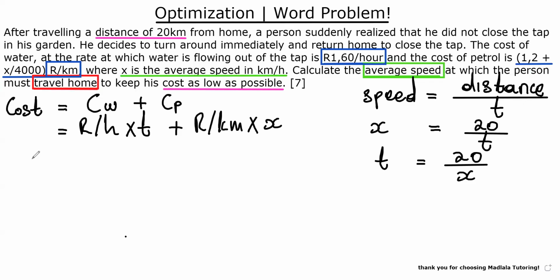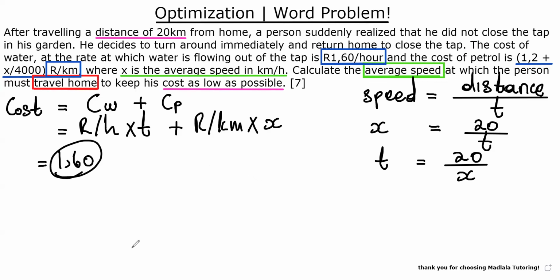In order to get the total cost, what is the cost as a function of, in fact, as a rate? Well, the cost of water is 1.60 rand per hour. And of course, we understand that our speed is in kilometers per hour. So meaning our time here is actually in hours, right?